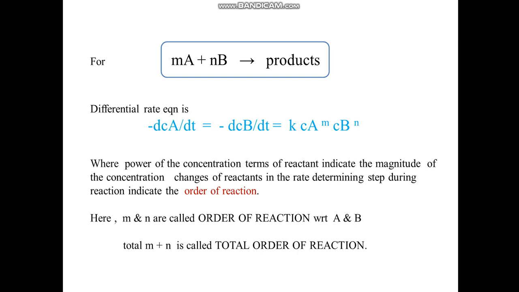The definition of this will be considered later. The power of the concentration term of the reactant indicates the magnitude of the concentration changes of the reactants in the rate determining step during the reaction, which indicates the order of the reaction. Here minus d[A] by dt, that is the rate of disappearance of A, is equal to the rate of disappearance of B, that is equal to K into [A] raised to m into [B] raised to n.